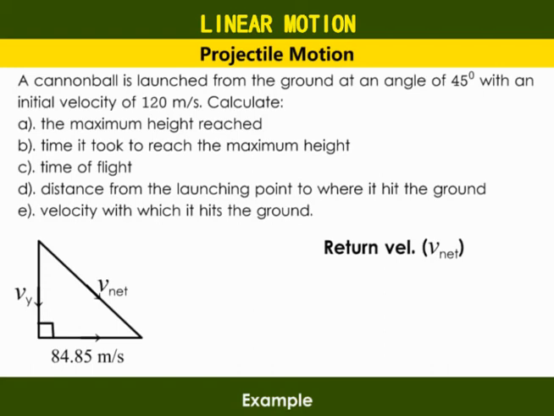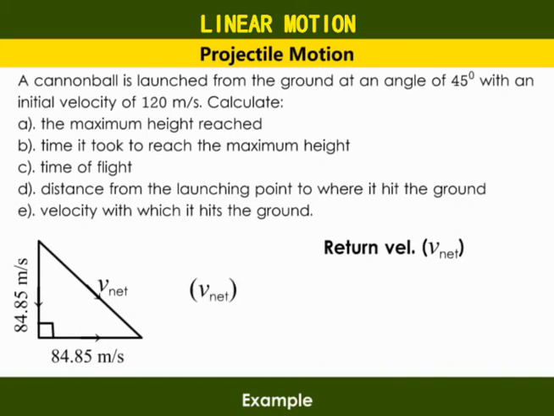This has to do with the vertical motion, and we know that V is equal to U. The initial velocity was 84.85 meters per second, which means the final velocity will also be equal to 84.85 meters per second. Now we can use the Pythagoras theorem to find the net velocity.